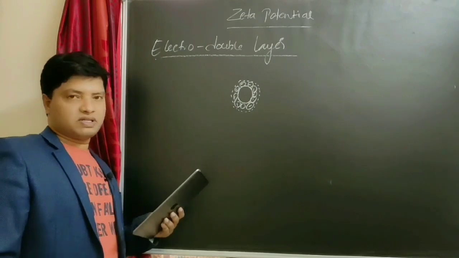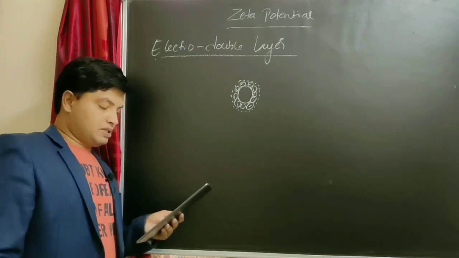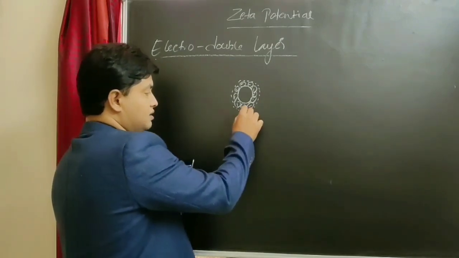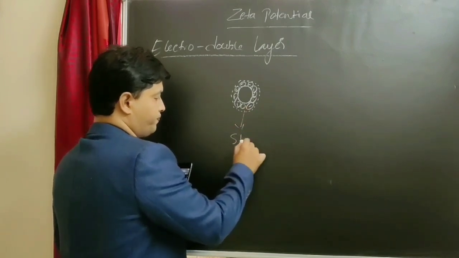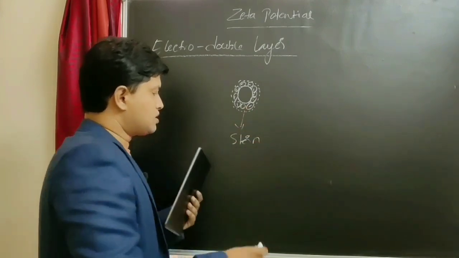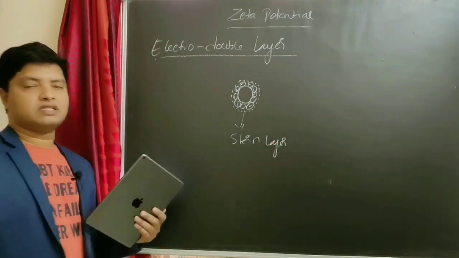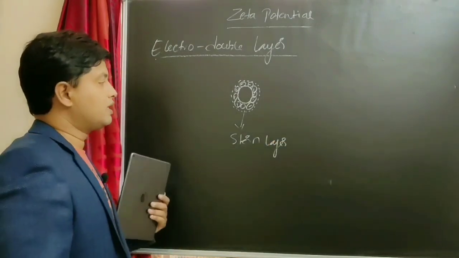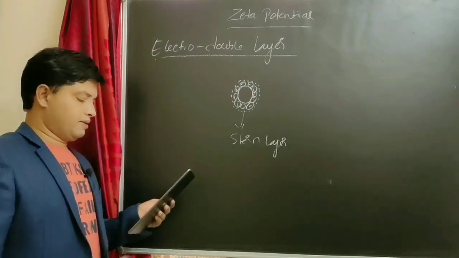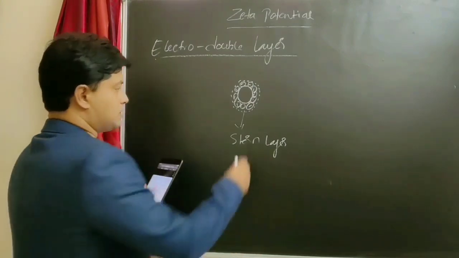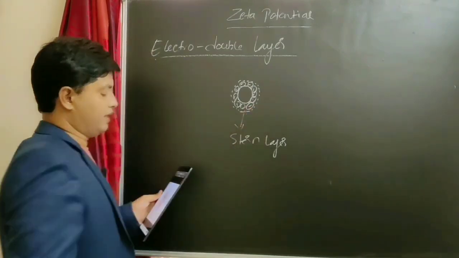We call this layer the Stern layer. So we got the first layer, which is tightly bound, and we call it the Stern layer.